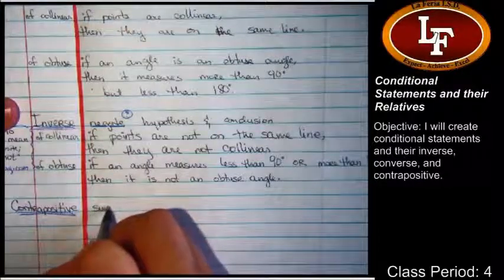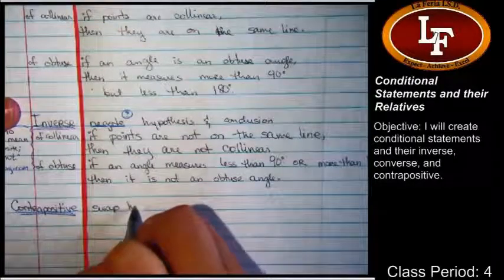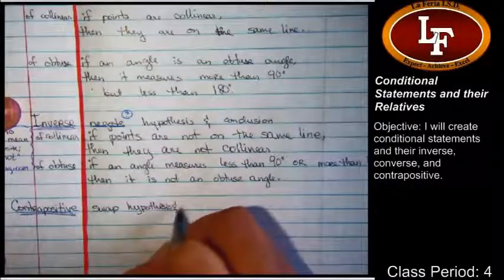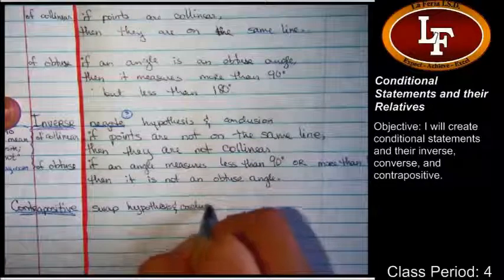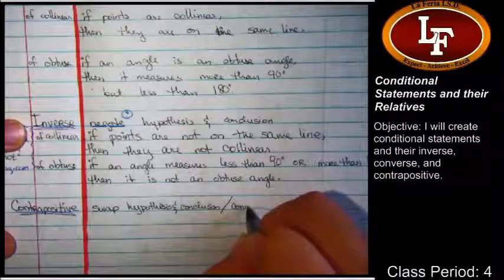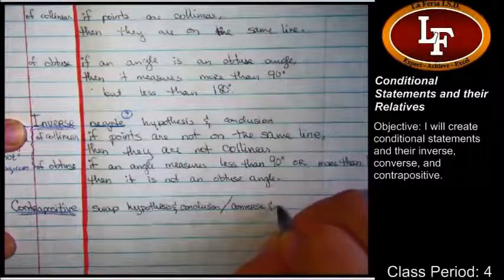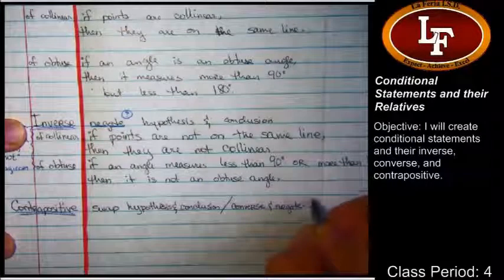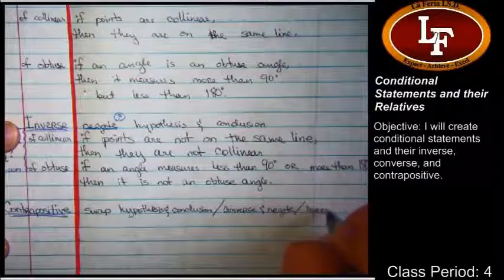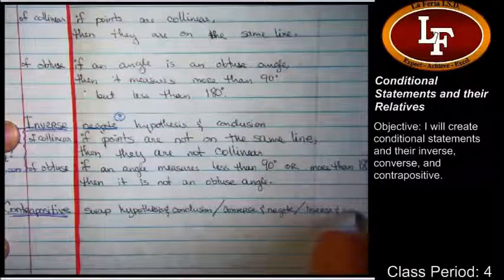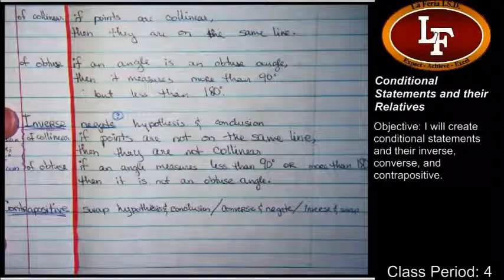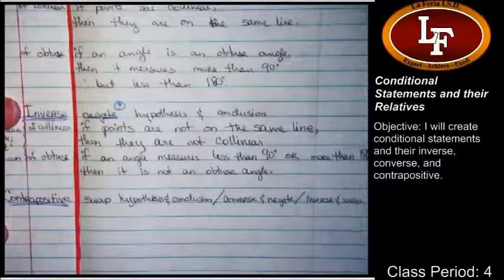You can either start from your original conditional, swap the hypothesis and the conclusion. Or you can start with the converse and negate. Or you can start with the inverse and swap. They'll get you to the same place. It doesn't matter which one of those three you pick.